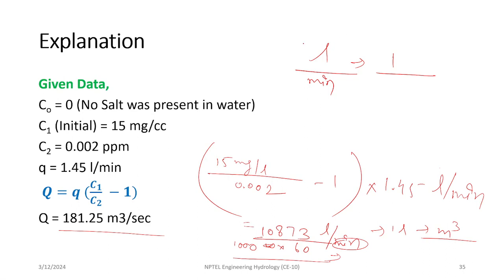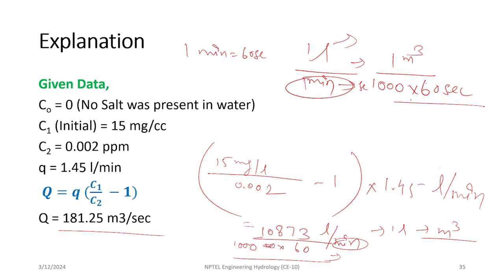If there is 1 liter, to convert this we have to divide it by 1000, then it will be meter cube, right? Now we want to convert minute into second. 1 minute is 60 second, right? So we can directly put 60. What is the problem? I think we are confused. You're right.